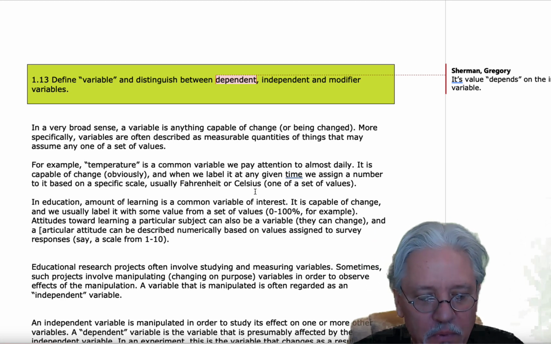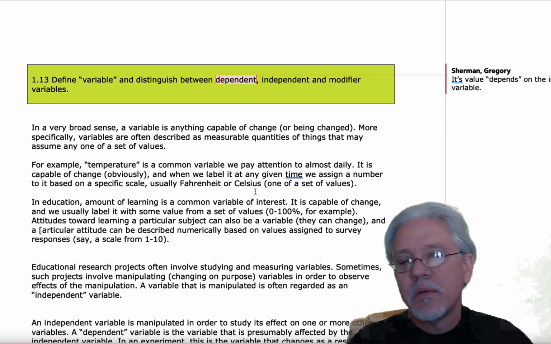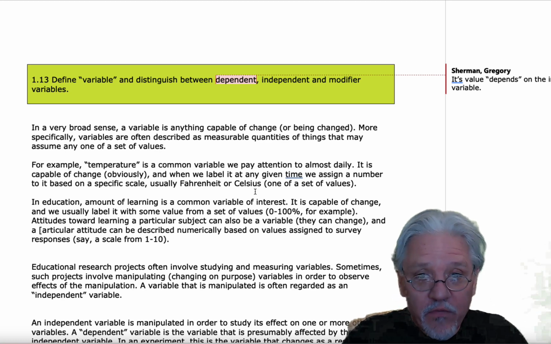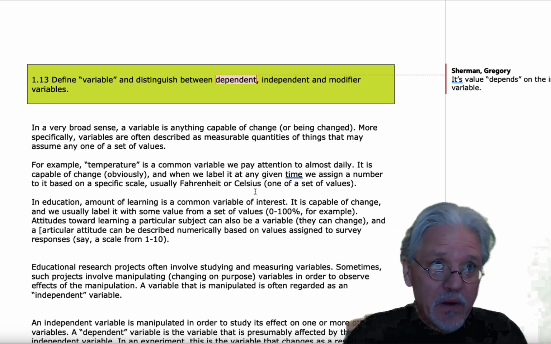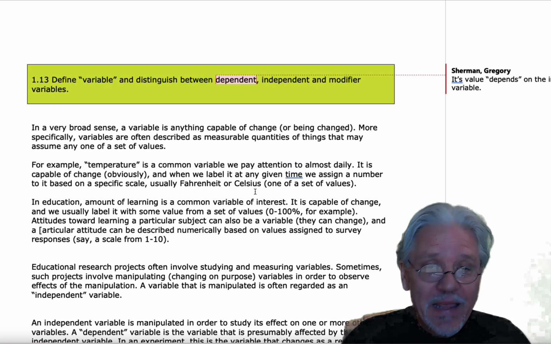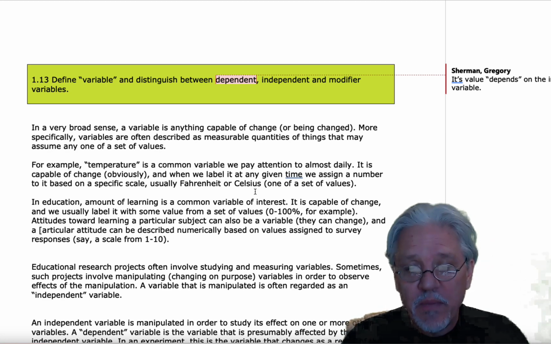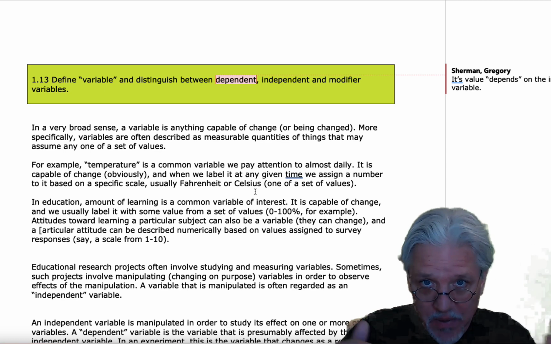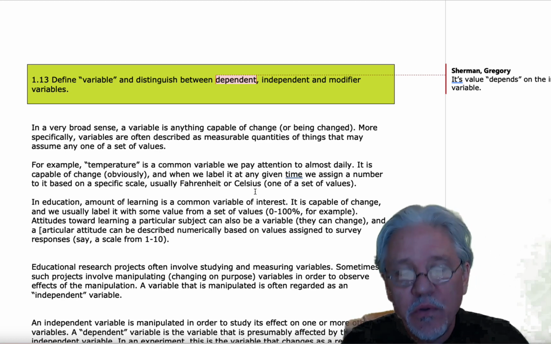So, for example, if you're trying out a new classroom management model, the model itself is my independent variable. I'm trying something new, and the dependent variable would be the behavior of my students and how I would quantify that and make observations about it. Presumably their behaviors depend on what model I'm using to help manage behavior.